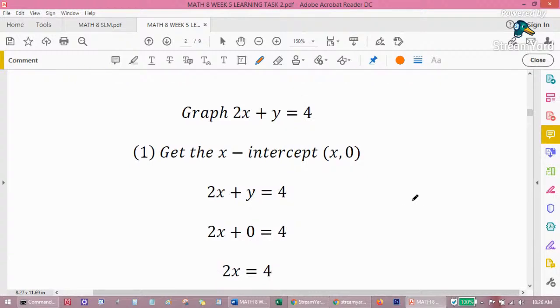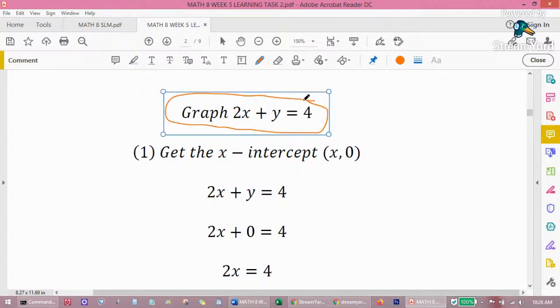So, una, kailangan makuha natin ang x-intercept. Again, ang x-intercept, palaging 0 ang y. So, balikan natin tong equation ng line natin. Ito yung equation natin eh.